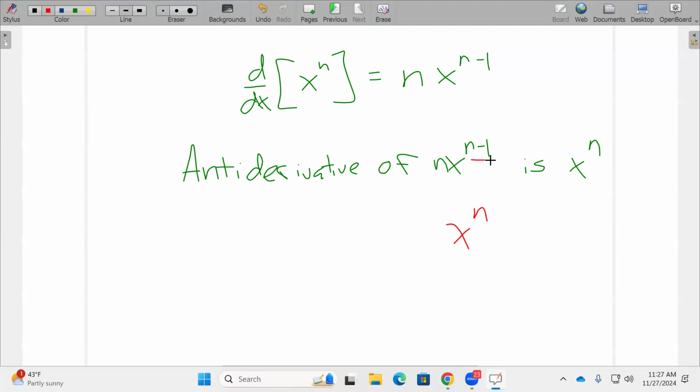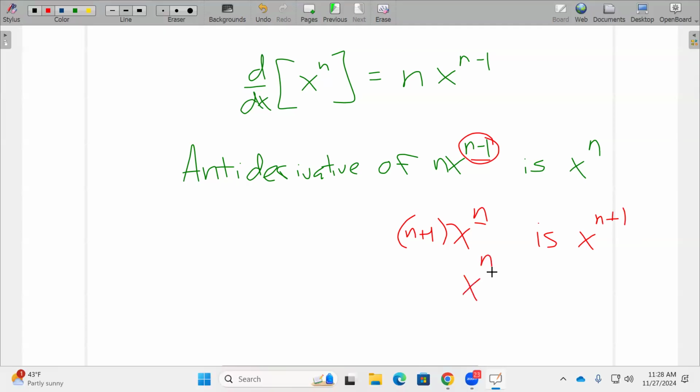If instead of an n minus 1, I want that to be an n, I should probably increase all of these n's by 1. So if I increase that by 1, this then becomes an n plus 1, and over here this is going to be x to the n plus 1. So I'm just increasing everything that was an n by 1. And then I'm going to get rid of the n plus 1 on this side by dividing it to the other side.